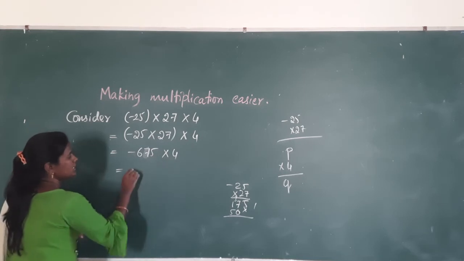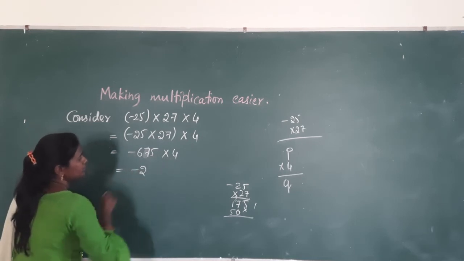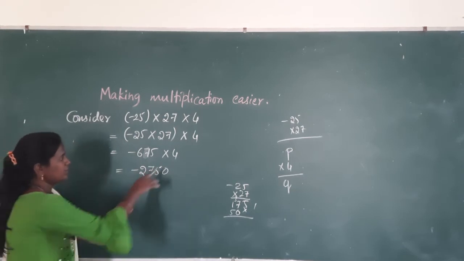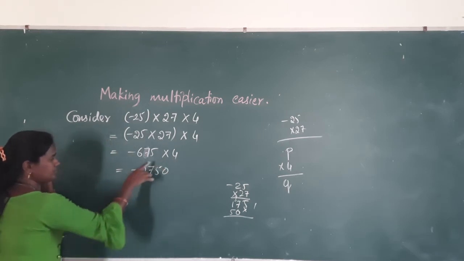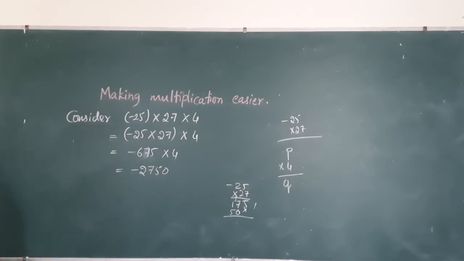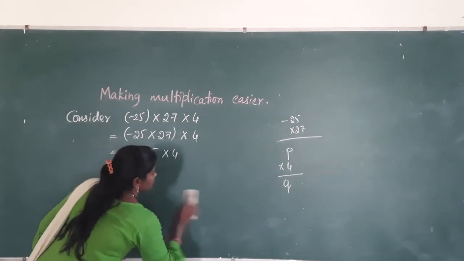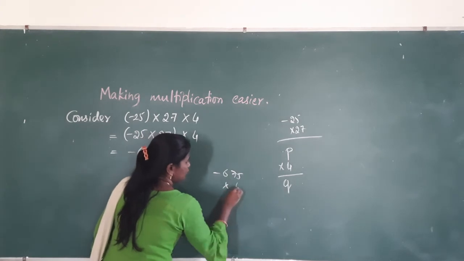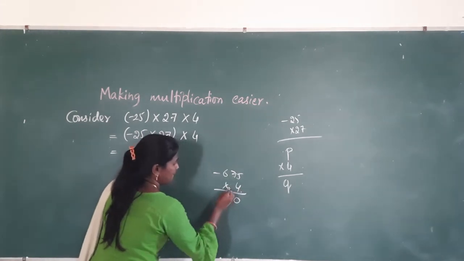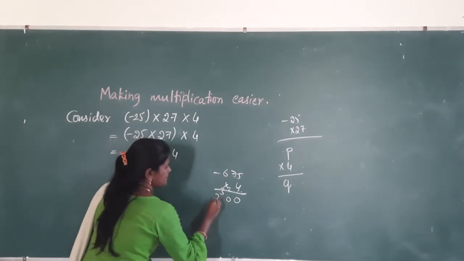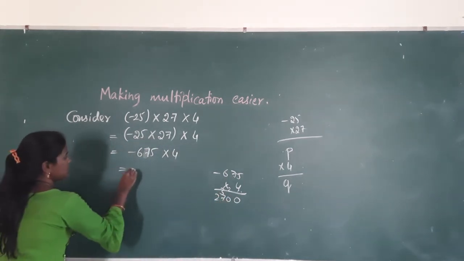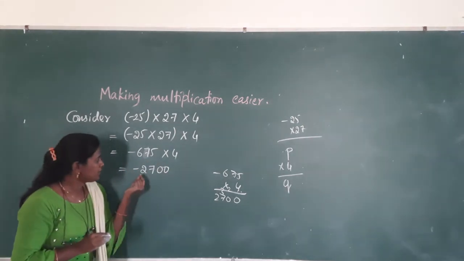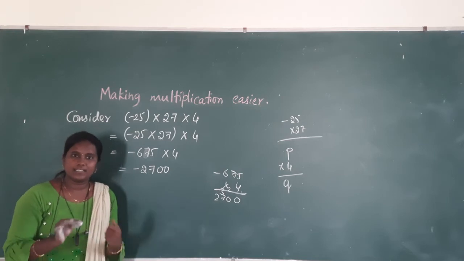It is how much? 4 5s are 20. Write it again. It is minus 675 into 4, 2700, so that is equals to minus 2700. Sorry, minus 2700 is the answer here.